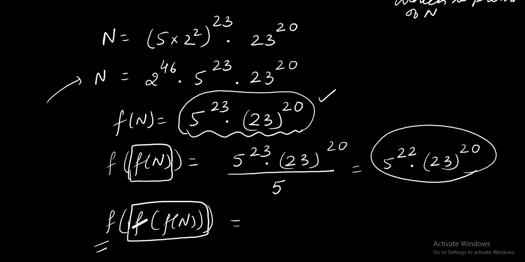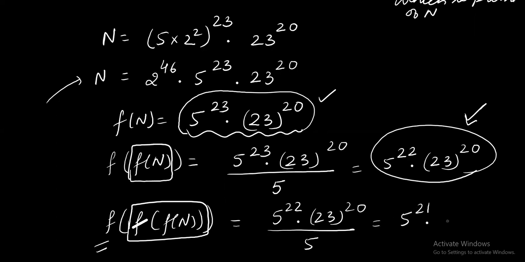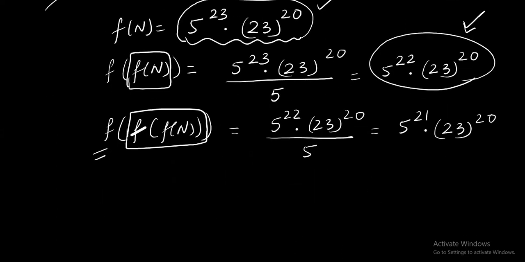Operating f on that number indicates that you need to find the greatest odd proper divisor of this number. Because it is an odd number, again the greatest odd proper divisor will be obtained when you divide it by the smallest odd prime divisor of the number. I divided it by 5 once again, and I got 5 power 21 into 23 raised to the power 20, right?